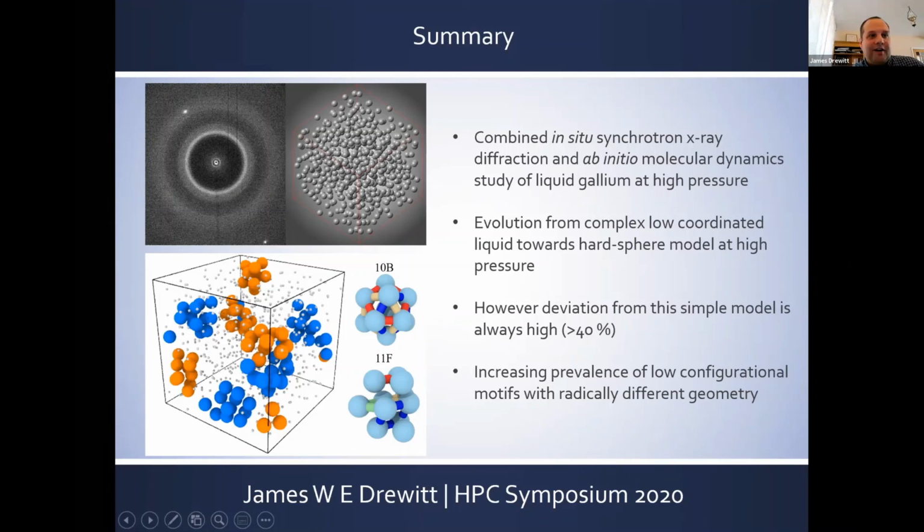So there are several elemental liquids that have some strange properties, such as bismuth, and actually we got a proposal at Diamond to look at liquid mercury. You would think mercury would be good because it's already a liquid at ambient conditions, but actually the melting curve of mercury rises quite steeply.